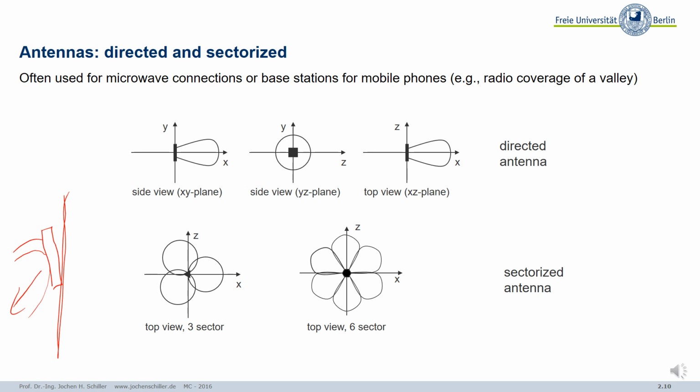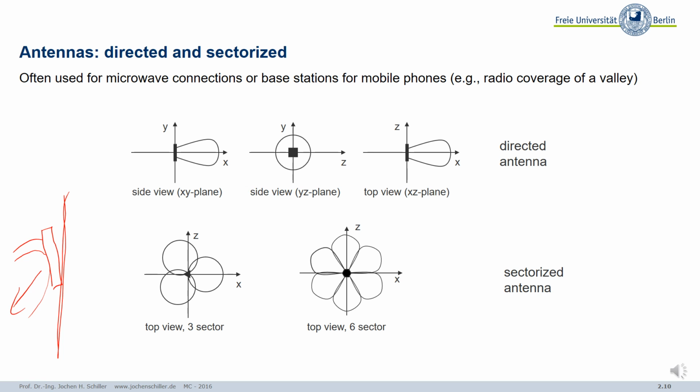Quite often you have so-called sectorized antennas, so you have 3 antennas on one antenna pole, 3 times 120 degrees to cover the 360 degrees. So that's where you use this. If you want to cover a valley, you use these antennas with the main lobe down into the valley. That's the idea. Or we also all know this from satellite dishes.